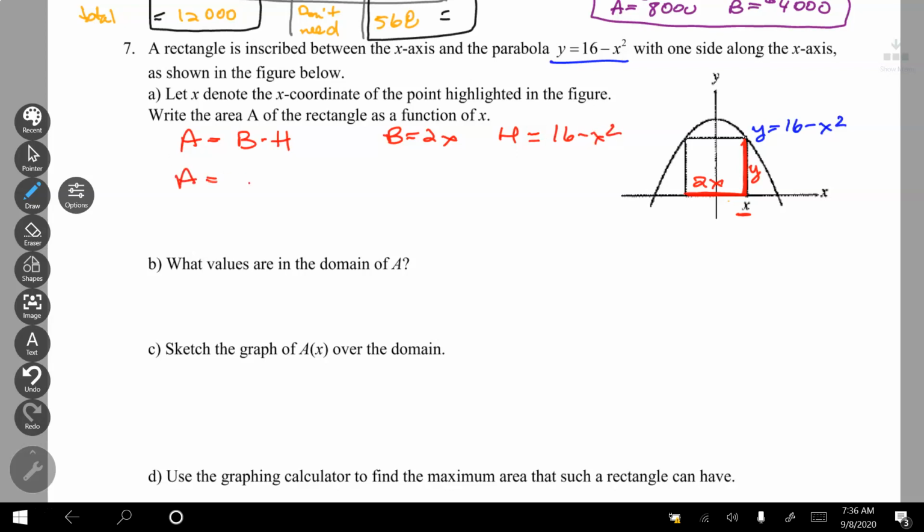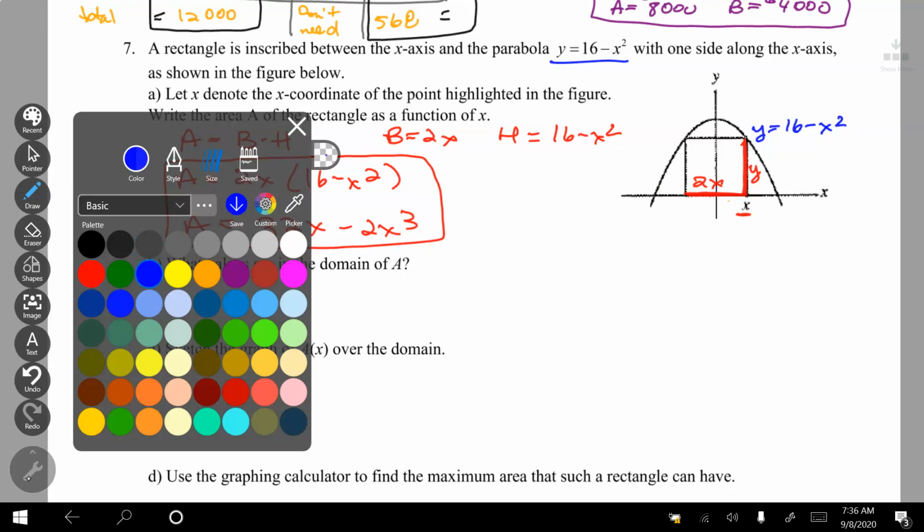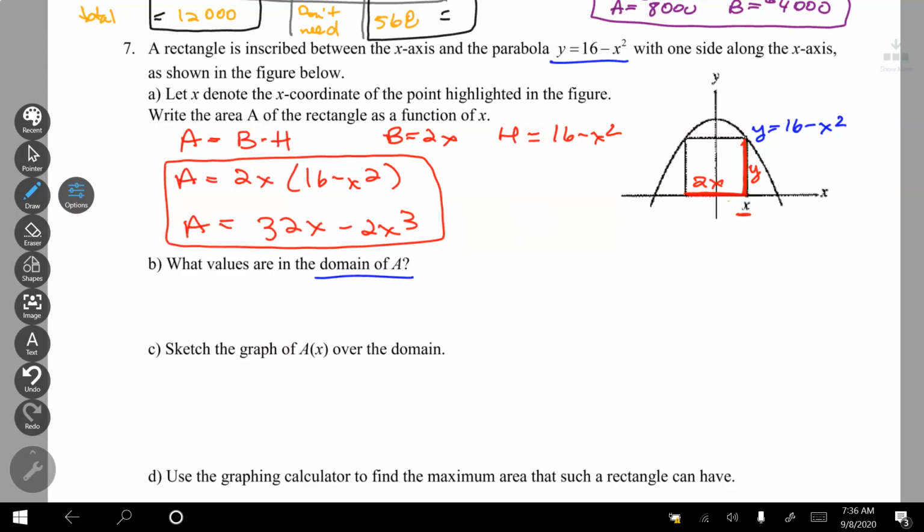So area equals 2x times 16 minus x squared, or 32x minus 2x cubed. Either one will do. Doesn't really matter to me. Now I have to figure out the domain. What is the domain?